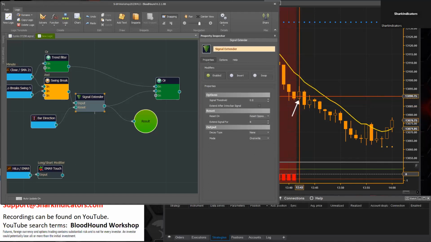And there we go. So you'll notice that the signal extender actually turns off on the reset bar. So we don't quite want to turn it off that soon. Let's at least allow the signal extender on the pullback bar.